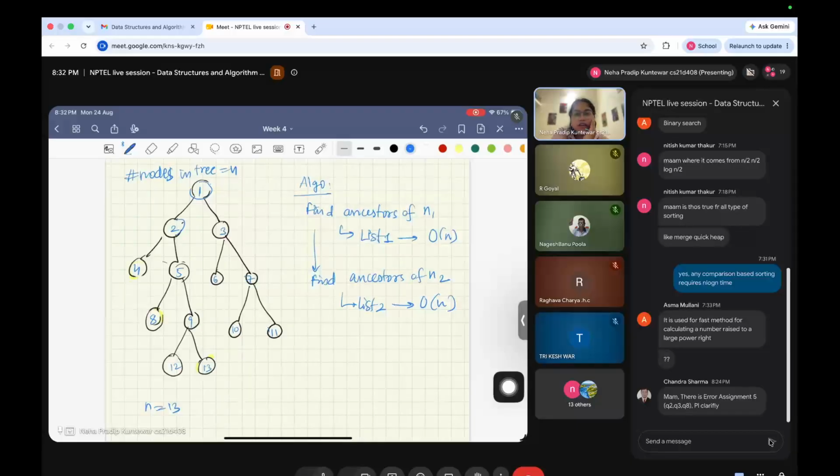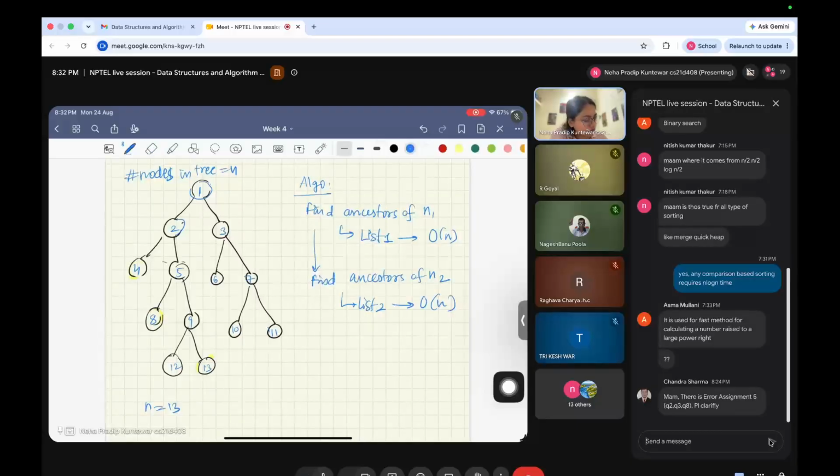And now find the maximum number which is common to list 1 and list 2. That is the least common ancestor.